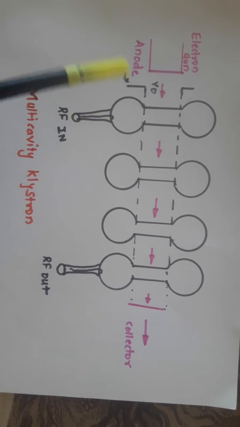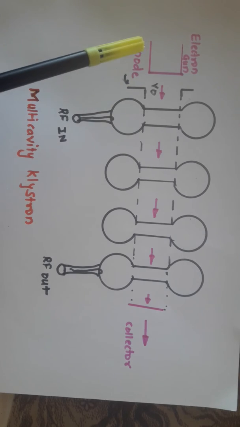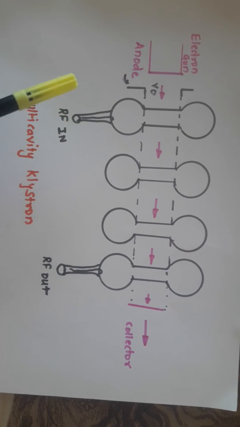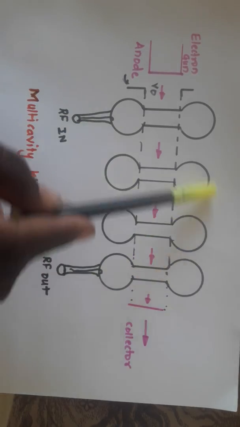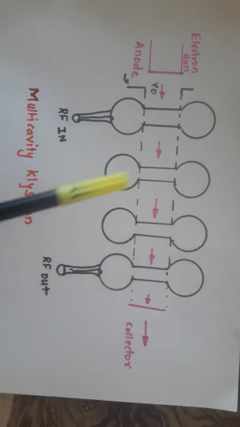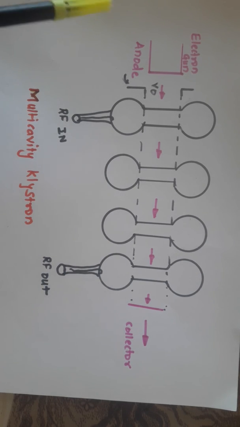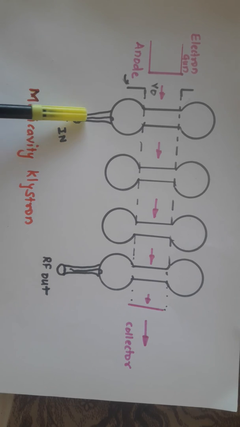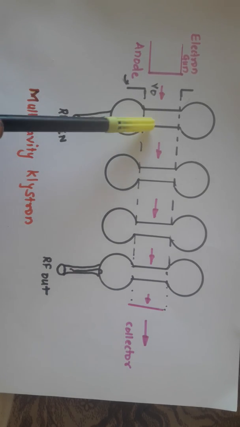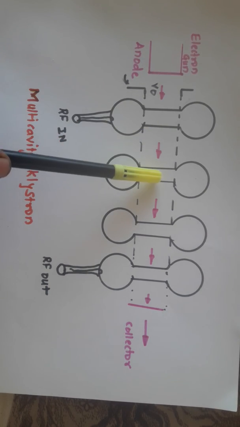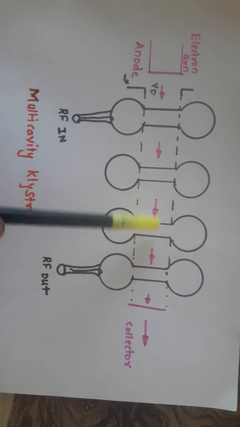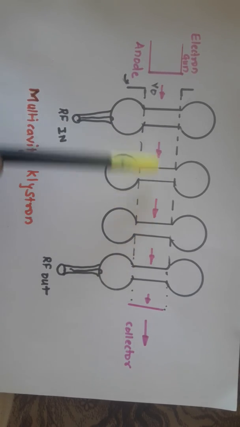Now as you are observing here, the electron gun is there, then the anode is there. This is your buncher cavity one, and the last one is your catcher cavity. All intermediate cavities also act as buncher cavities. Whatever signal we want to amplify is given to the RF in. Between these tubes there is a drift space, and between these tubes there is a drift space.